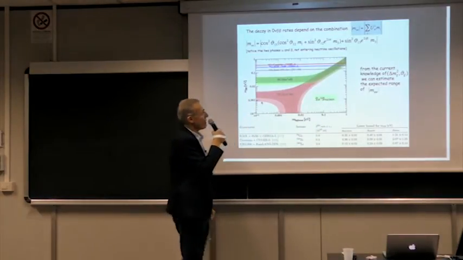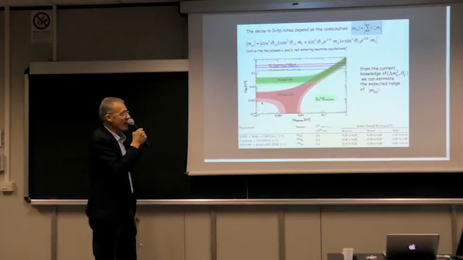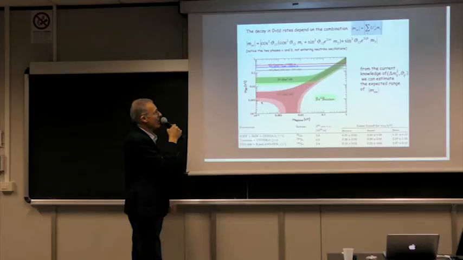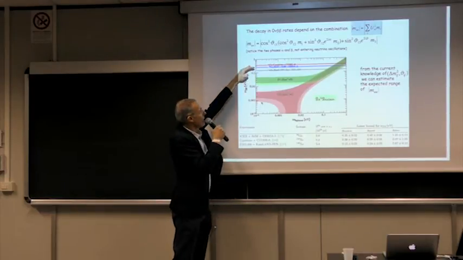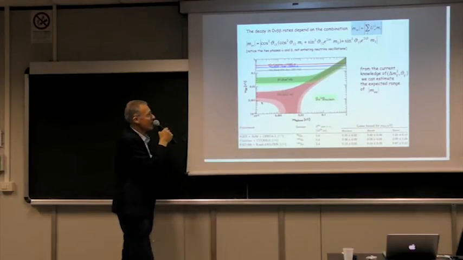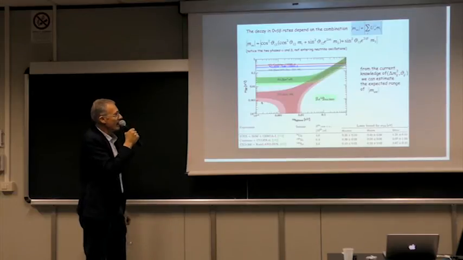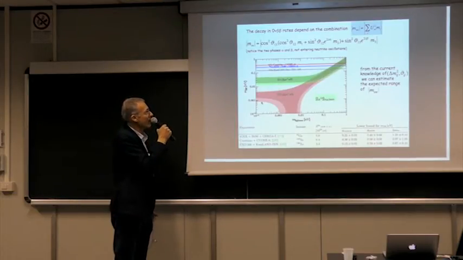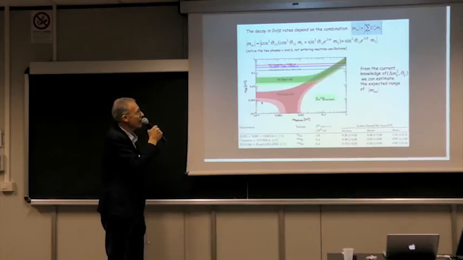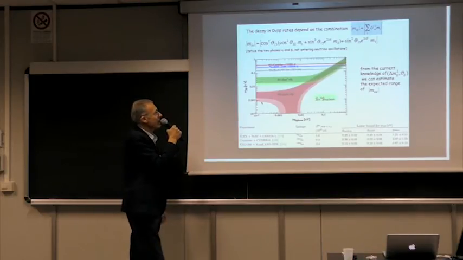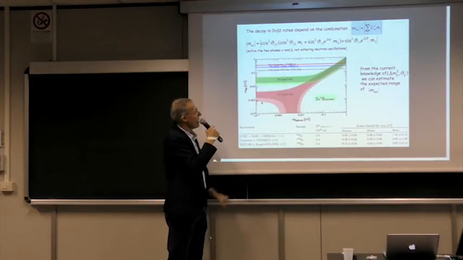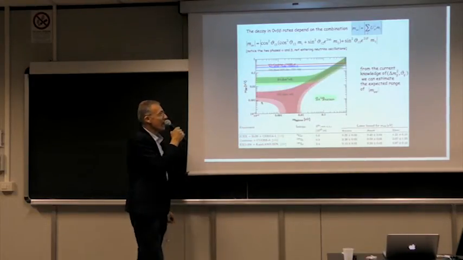In this case, you have a quasi-degenerate spectrum. And you see also in this plot the different bounds that have been set so far by different experiments, with a sensitivity which is approaching the region related to inverted hierarchy.